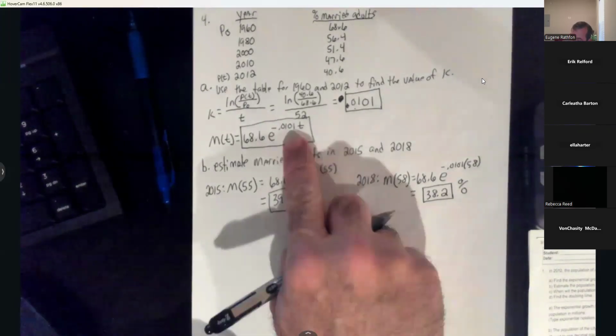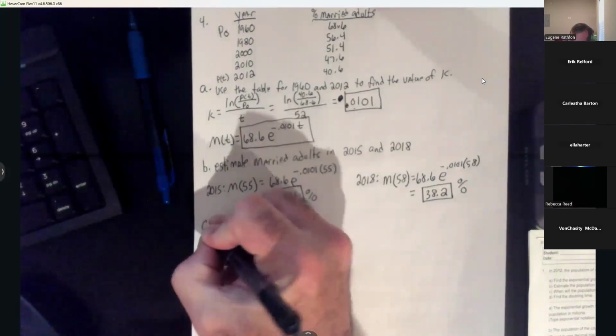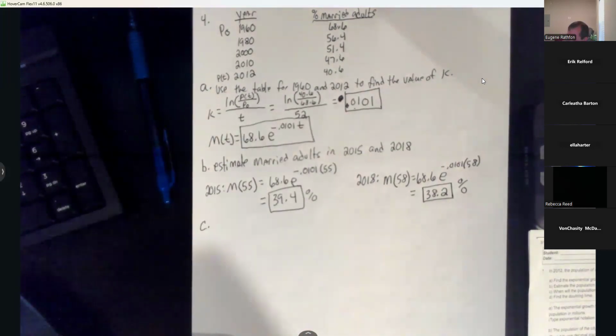All righty, y'all. So that was using that formula to estimate 2015 and 2018. Now look at part C on this one.